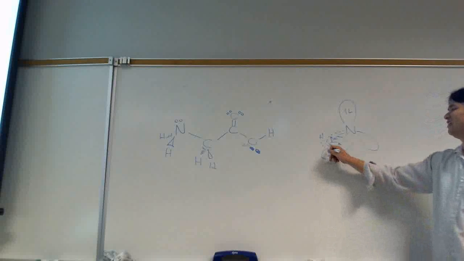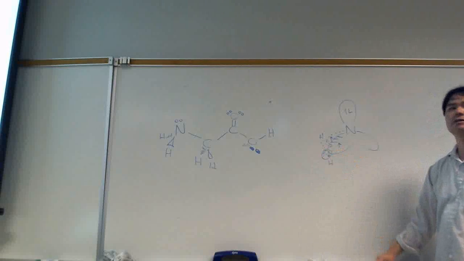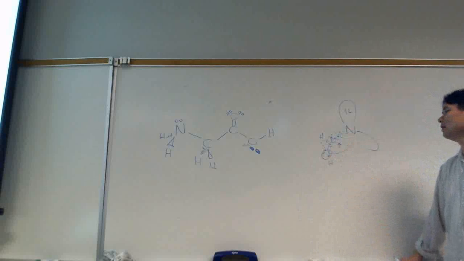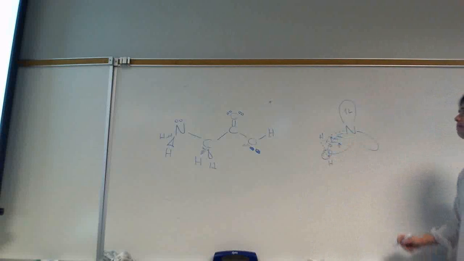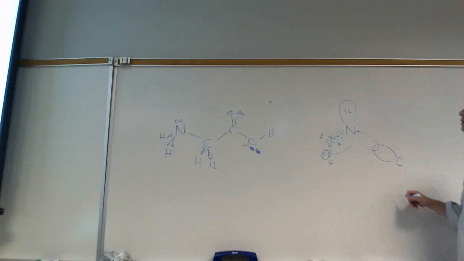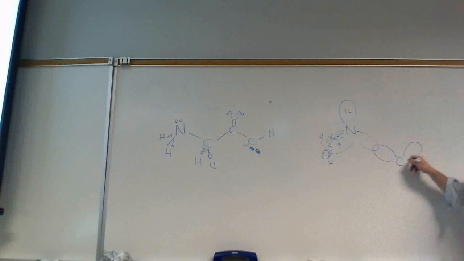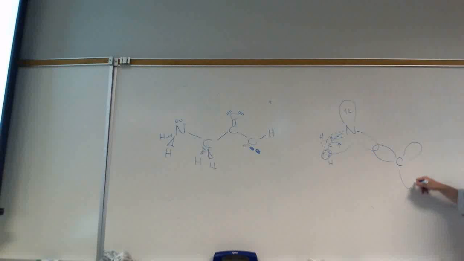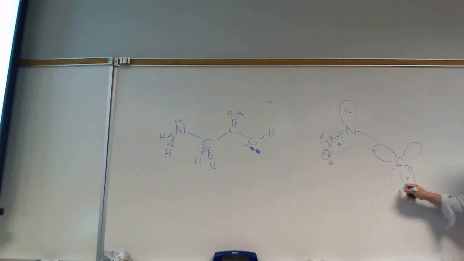You could shade this hydrogen if you want to show it's coming out as well, but it's not necessary. And then we have this going to an sp3 carbon here. This one's got to shade out, and this one's going to shade in. This one bonds to a hydrogen here. This one bonds to a hydrogen here.